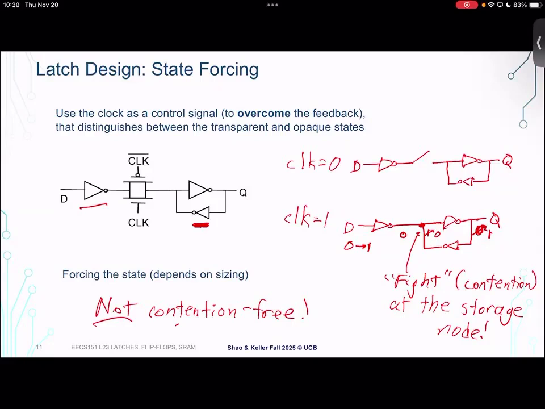So this is another latch design based on state forcing. Yeah, this is not a mistake design. This is not an example of a bad design. This is a real latch that is used in some production silicon.